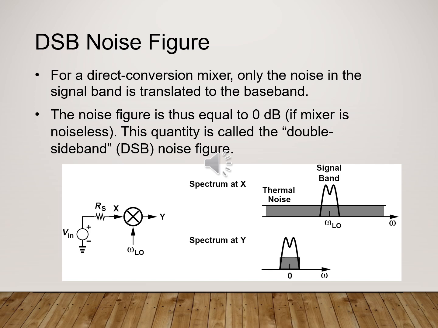The quantity is called the double sideband noise figure. Obviously, a double sideband noise figure is easier to measure in regard to single sideband noise figure. Wideband excess noise is introduced at both the signal and image frequencies. This is perhaps more relevant for direct conversion receivers where the image cannot be filtered out from the signal.